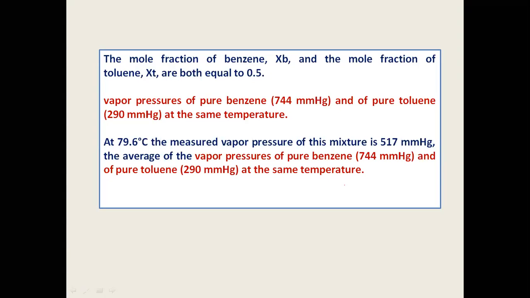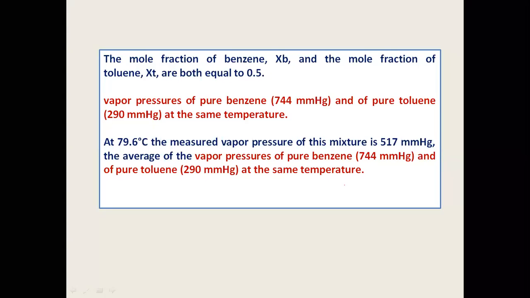You should measure it actually. If you measure it, what is the temperature at which we are conducting this experiment? 79.6. You can measure vapor pressure at any temperature, not always at room temperature, because room temperature is always cozy and comfortable. We imagine conducting experiments at room temperature, but it is at an elevated temperature, 79.6 degrees Celsius.